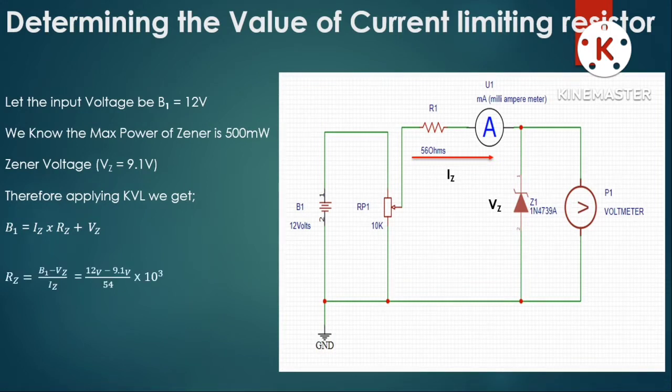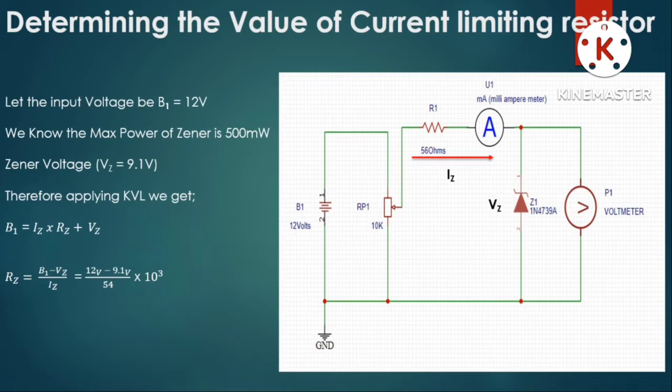Now we can see from here that after rearranging, we have RZ equal to B1 minus VZ divided by IZ. If we consider the input voltage to be maximum, then it is 12 volt, and the Zener voltage is 9.1 volt, divided by the maximum current that was already calculated previously, that is the maximum current handling capacity of the Zener diode, which is 54 milliampere.